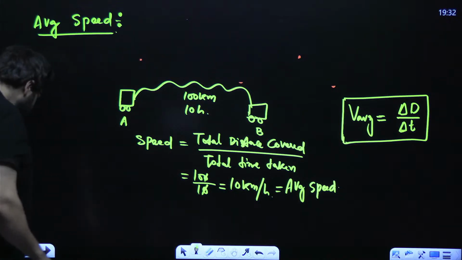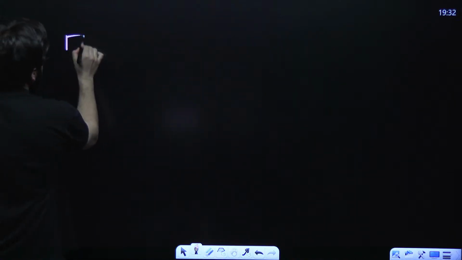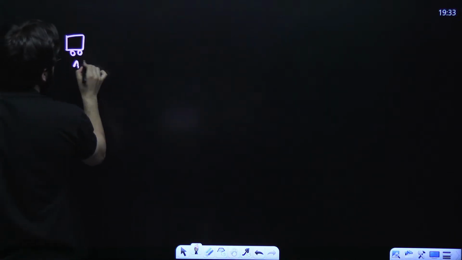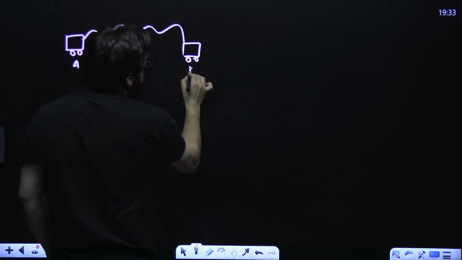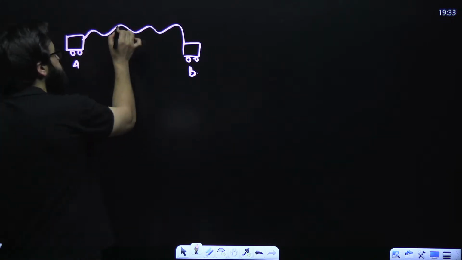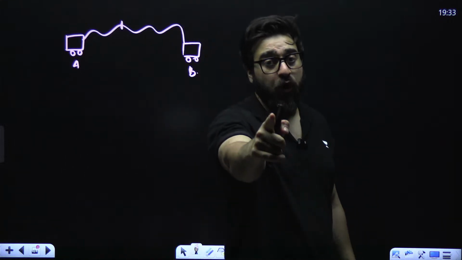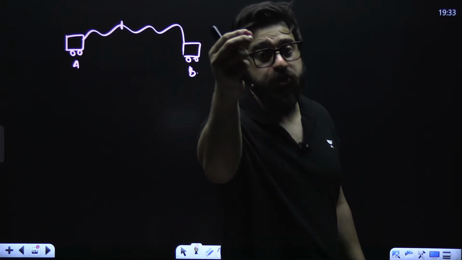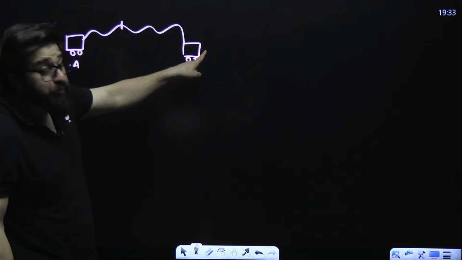Now, let's suppose, my dear friends, if I ask you the question, when the car is moving from point A to point B, what was the speed of the car at this particular instant when the time was, let's suppose, 10:30? I'm not asking you what was the speed of the car from A to B in general.